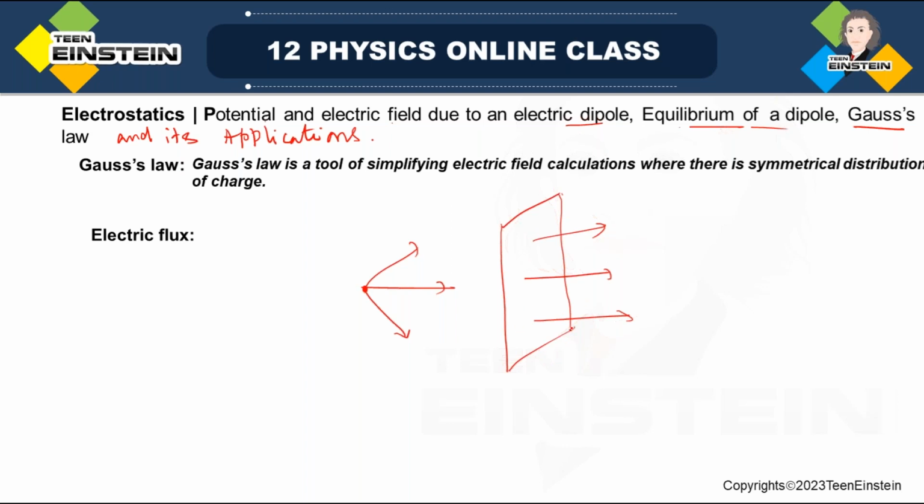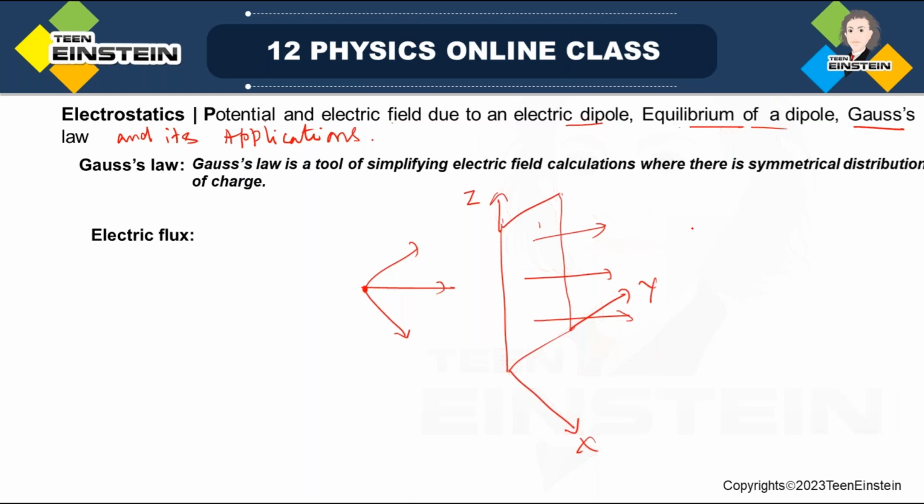You can think of this as y and this as z, the yz plane, and this is x. This is the base, and this is the vertical plane. So this is called field lines crossing the surface area.